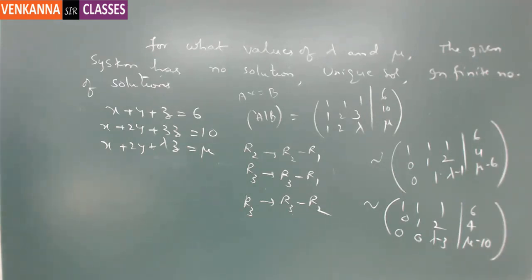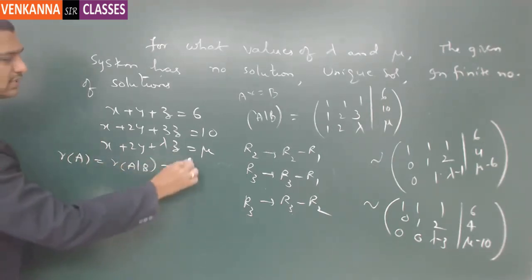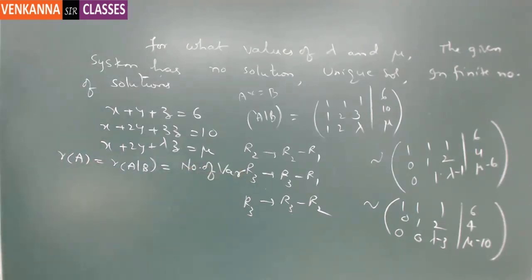So if you want to check for unique solution, what is the criteria? Rank of A, rank of A|B, and number of variables all must be equal. Then you will get a unique solution. So rank of A must be 3, rank of A|B must be 3, and here the number of variables is 3.